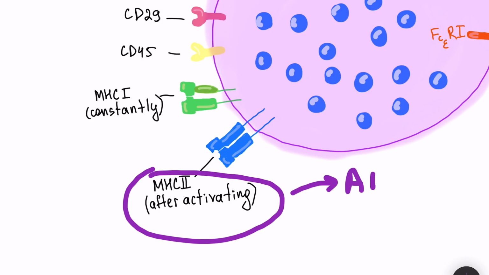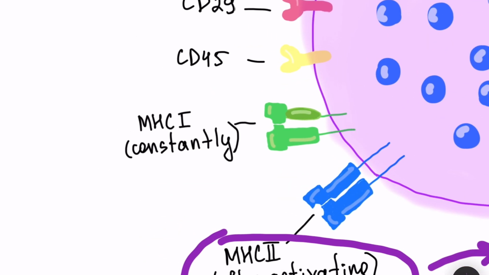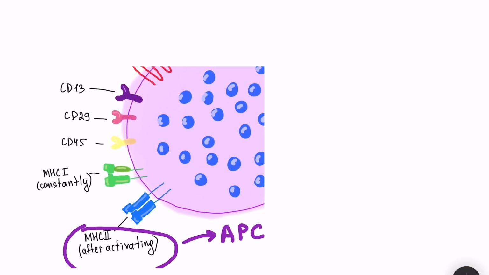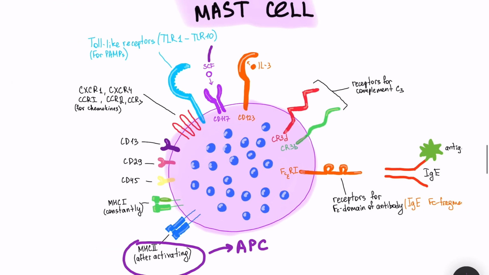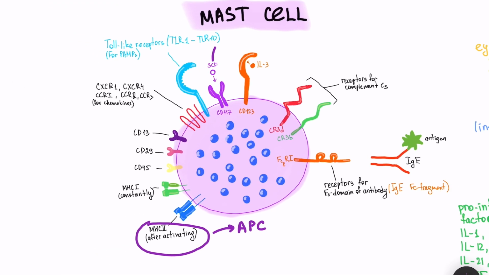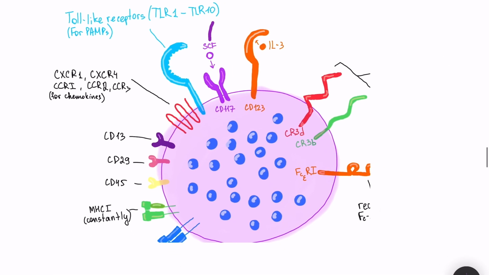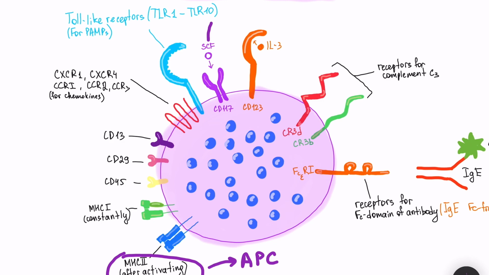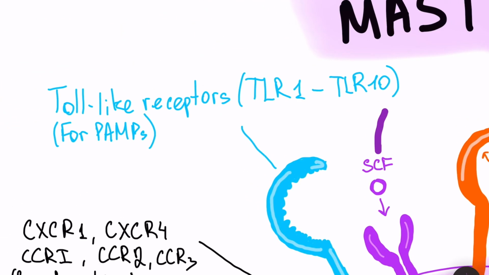And also, they express MHC first, like all other nucleated cells. Also, as APC cells, they express CD86. It is a co-stimulation molecule. And also, yes, TLR, toll-like receptors, like all other innate immune system cells.